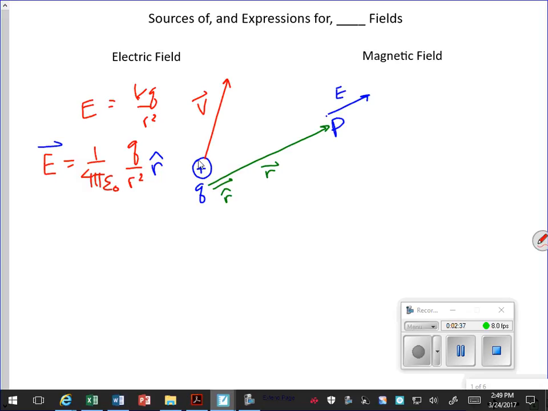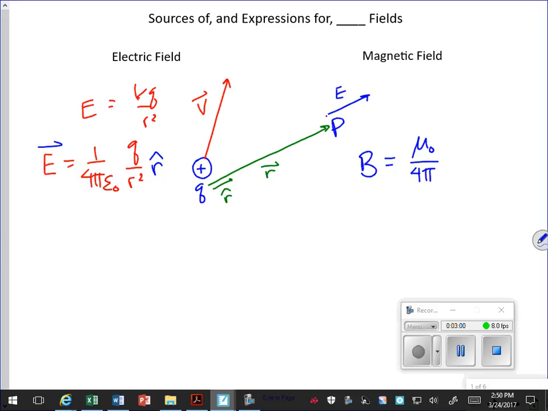Because we have motion of charge, now we do generate a magnetic field at that location. What's pretty neat is that the expression for the magnetic field follows much the same form that the electric field's expression does, except we go like this.